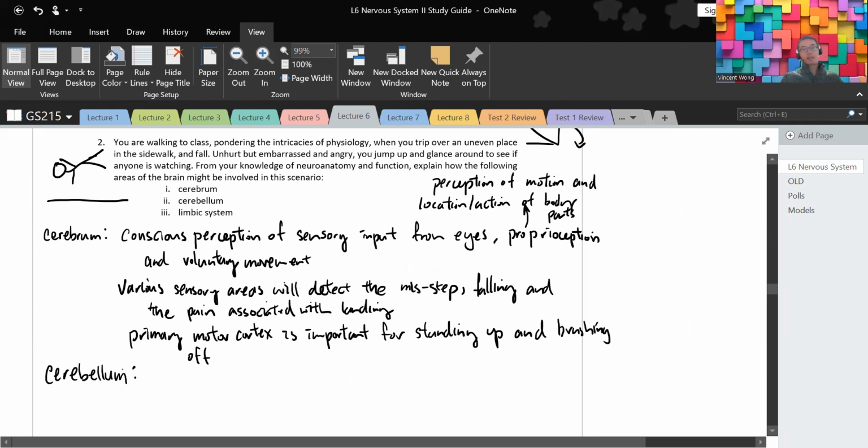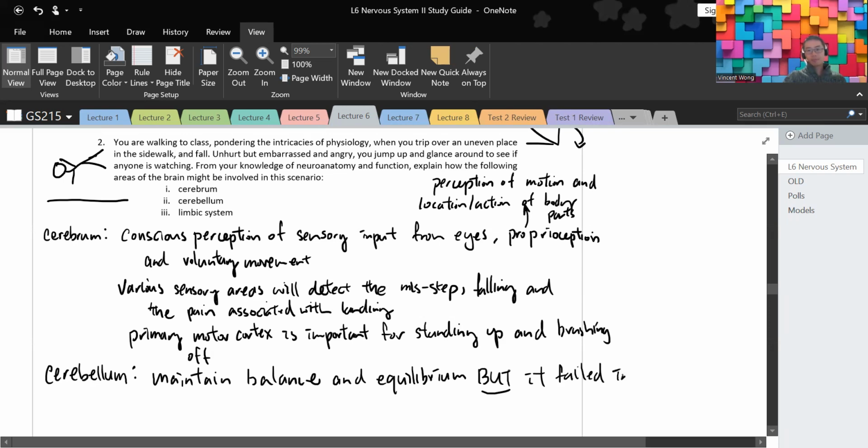Okay, what about the cerebellum? What is the role of the cerebellum in this case? Well, the cerebellum, one of the three functions is to maintain balance and equilibrium. But in this case, it failed. That's why you trip. Right?